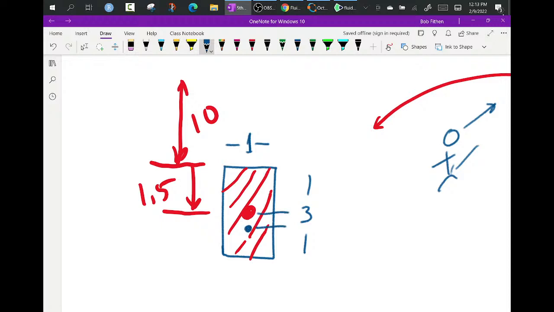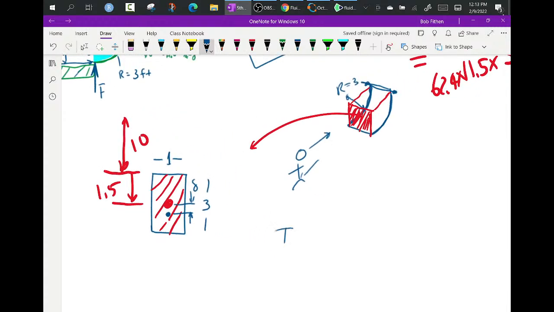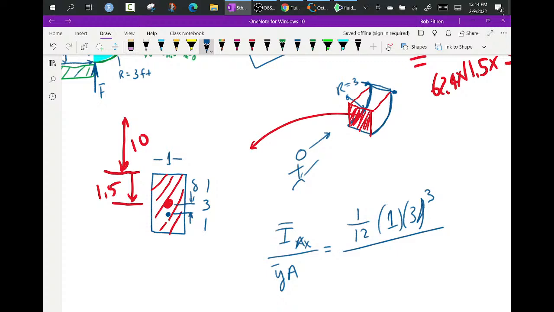How far? That's a term I like to call delta, and that is I bar xx over y bar area. Now, that is 1/12, the base of 1, the height of 3, cubed, over y bar.